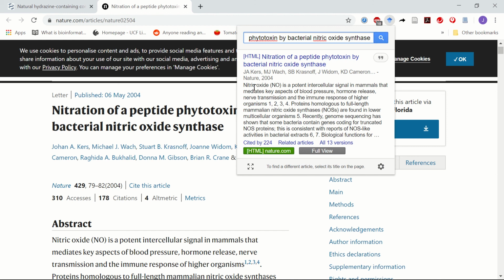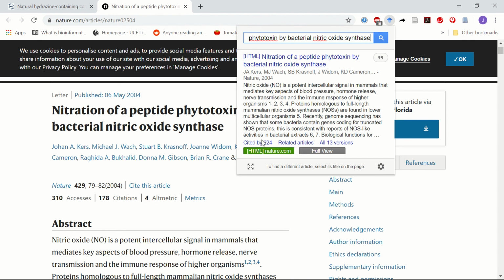Okay, so this has the citation, it has the name, it also has part of the abstract for this paper. And what's really useful here is this link down here that says cited by 224. So what that means is there are 224 articles that came after this paper that have cited this paper.